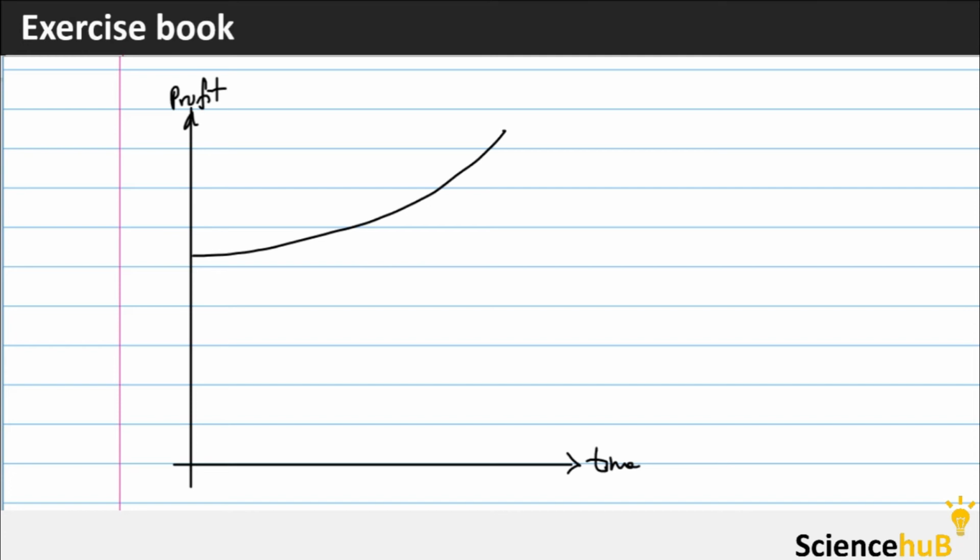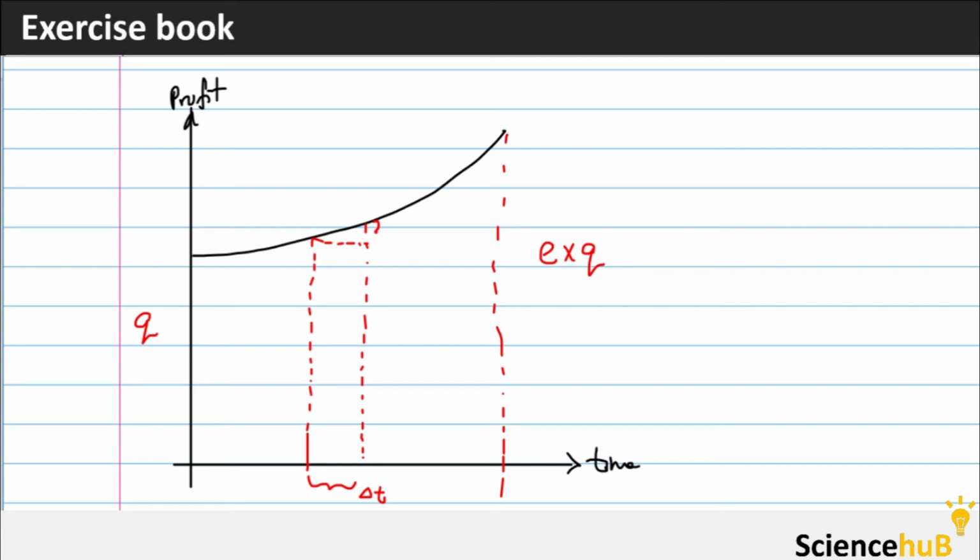If investment amount is Q, then the return at the end of the year should be E into Q. That is the main thing we have observed. Let's do some advanced analysis. Let's take delta T of portion and this is the delta Y.